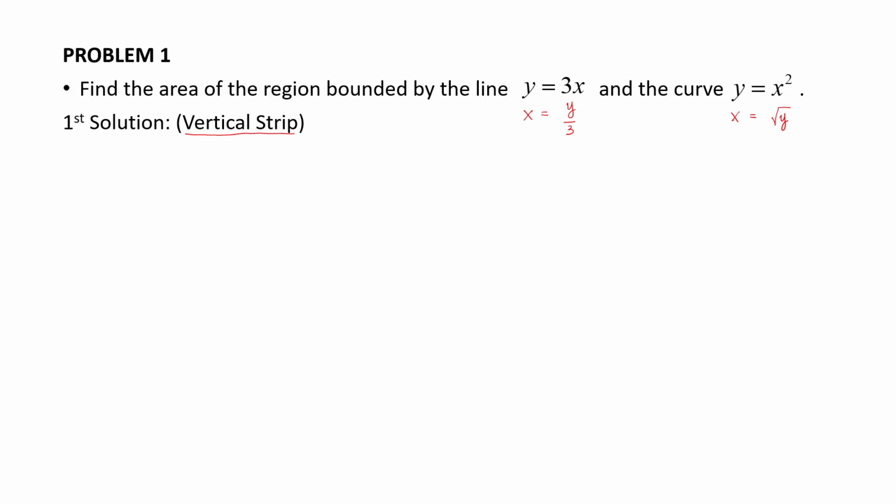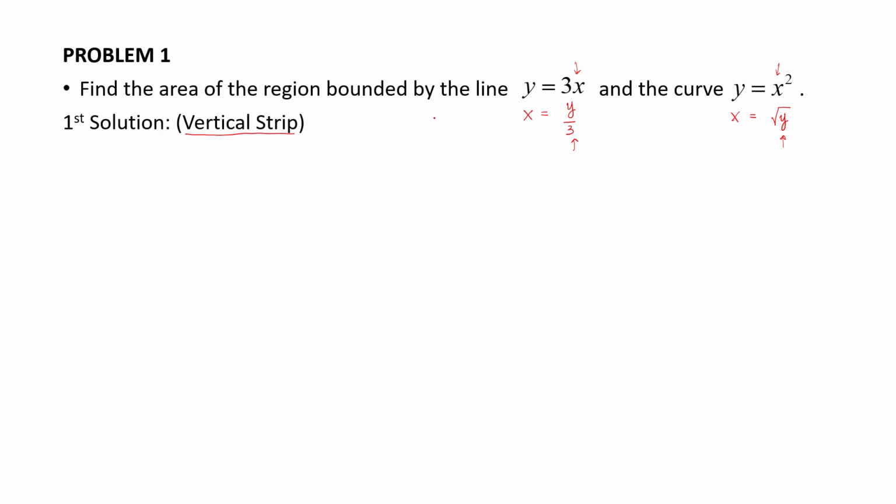I think that would be the downside of the horizontal strip later, because in the vertical strip, you're just integrating 3x and then x squared, while in the horizontal strip, you are integrating a fraction and a radical expression. Even if you are using your calculator, radical expressions also matter calculator-wise, because if you input a radical expression in the calculator, it takes a bit longer for your calculator to solve. Okay?